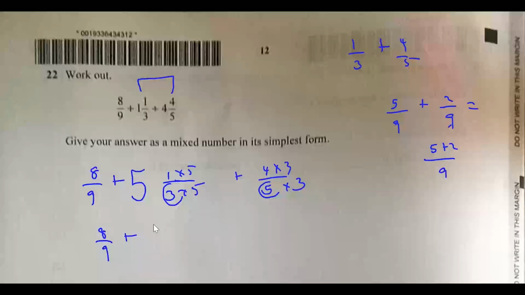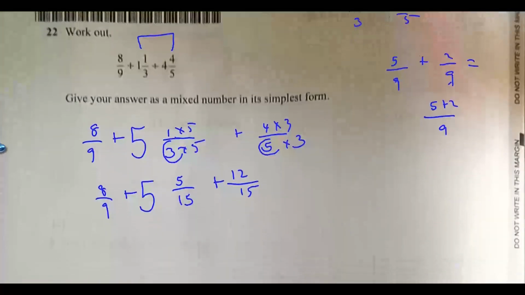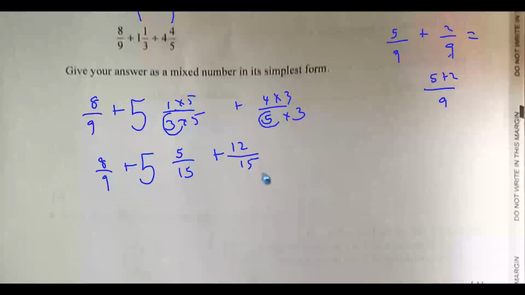Plus this is 5 whole. So let's keep this. 1 times 5 is 5 over 3 times 5, 15. Then add 4 times 3 is 12, over 5 times 3 is 15. Now they have common denominator, so I can add the numerators directly.